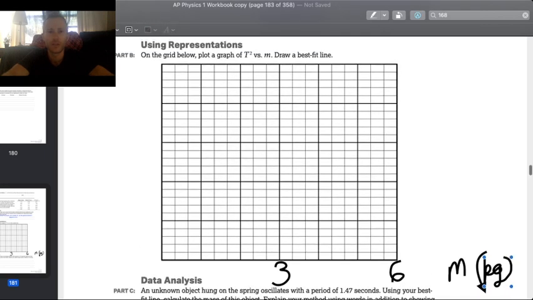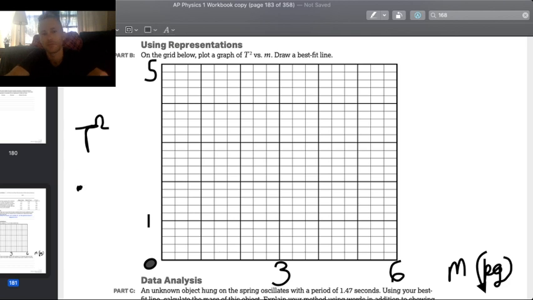So here is 5, here's 1, here's 0. And this is period squared, which is measured in seconds squared.